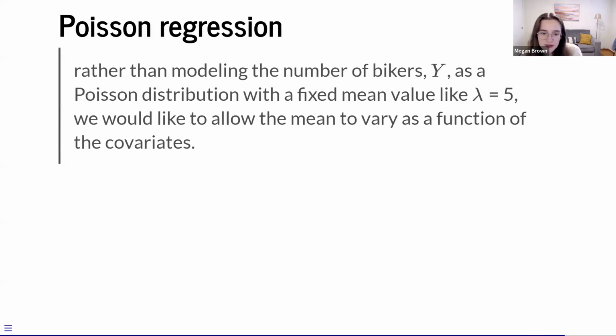And in the Poisson regression model, rather than modeling the number of bikers as a Poisson distribution with a fixed mean value of 5 for the whole model, we can vary it as a function of the covariates. So that's the Poisson regression.